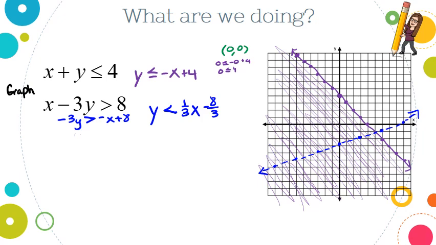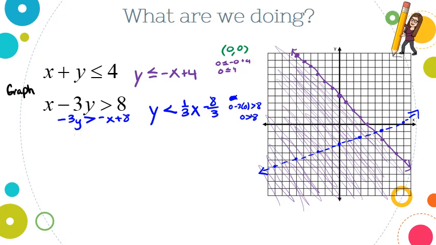All right, now we need to take care of the shading, which means I'm going to use that 0, 0 test point again. So when I plug 0 into my original or new inequality, you can decide. I think actually the original might be easier. So I'm going to do 0 minus 3 times 0 greater than 8, which will give me 0 minus 0 is 0. Is 0 greater than 8?